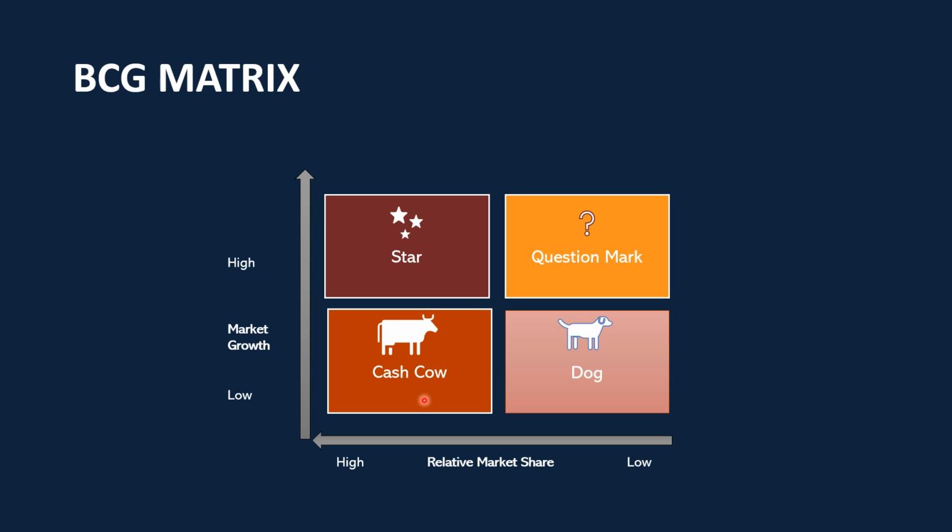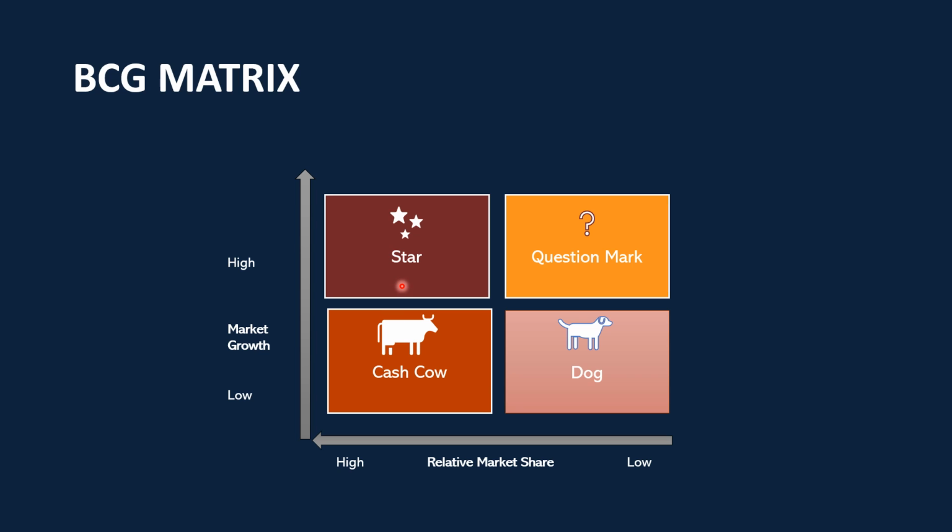As you can see here, the products in this quadrant have a relatively high market share in a low growth market. These are usually cash generators for the organizations and are profitable in nature. The recommended strategy for products under this quadrant would be to hold on to them and build on them further.